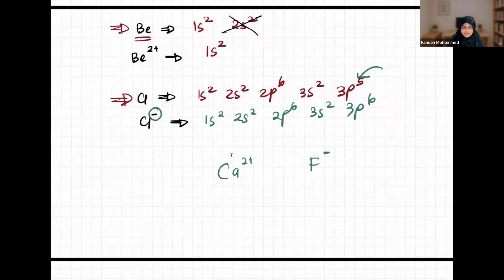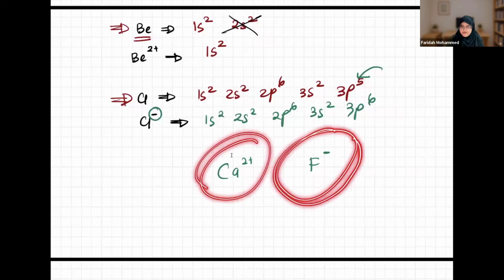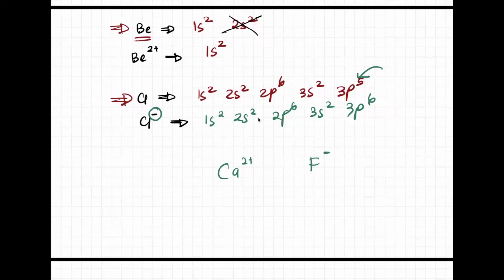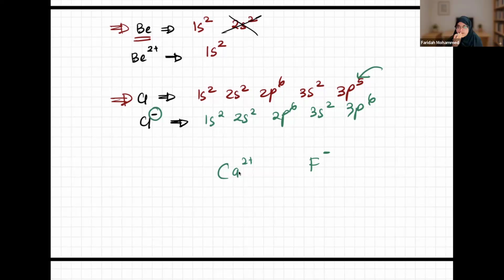We're talking about the Ca2+ ion and F minus. Pranit, you have to do the noble gas configuration or the full configuration. You cannot just write the valence configuration. You see what you missed, right?